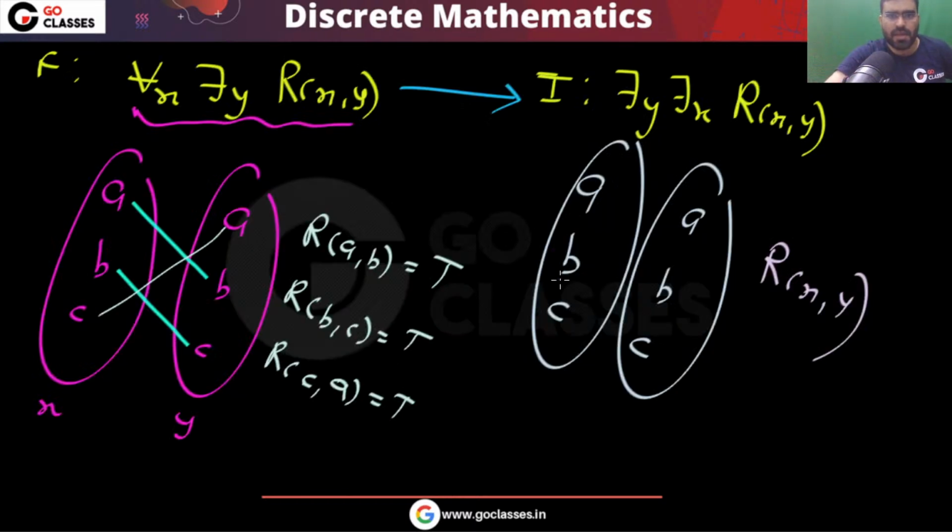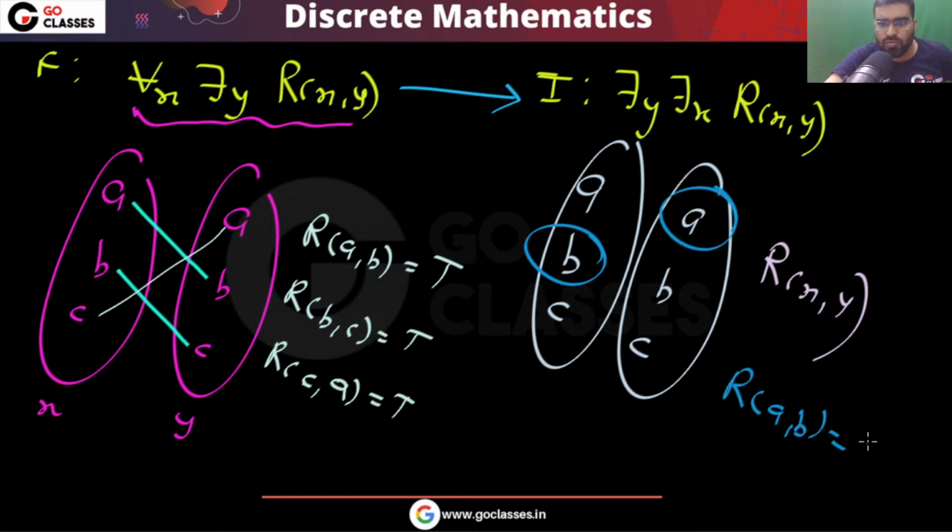So you tell me, yes, of course you can easily see that if this is true, then definitely this will be true, because there is some y, you can take this y, and there is some x, you can take that x, such that you can easily see that AB is true. So this is definitely true. So this is actually valid. Are you getting my point? So this is actually valid.